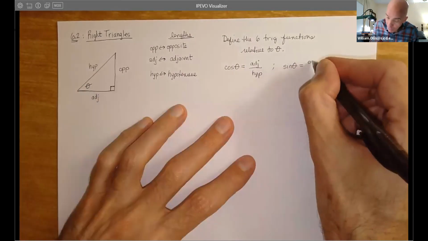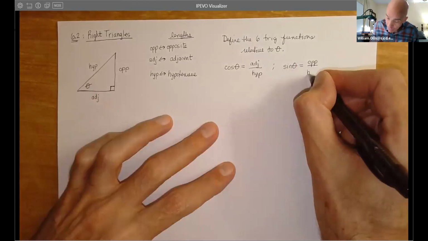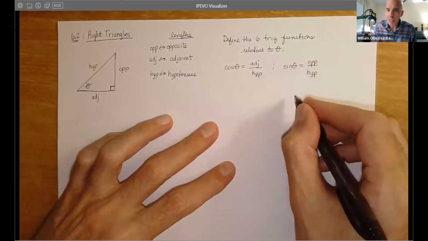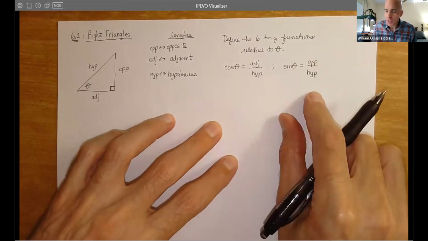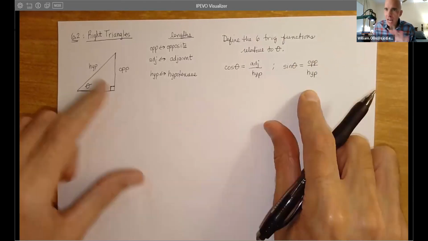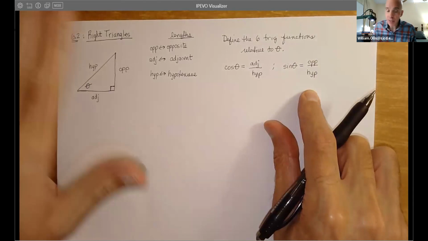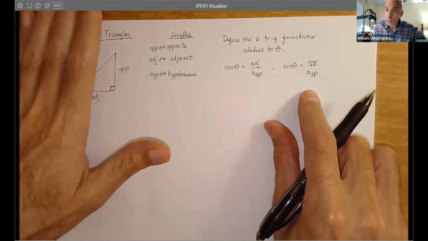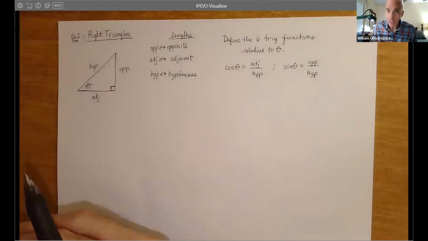So we'll write OPP divided by the length of the hypotenuse, HYP. So that's really going out on a limb, so to speak. So again, thinking that we have the Pythagorean identities in the unit circle, we will have the corresponding Pythagorean theorem for right triangles. So that will actually come together in a very convenient way.